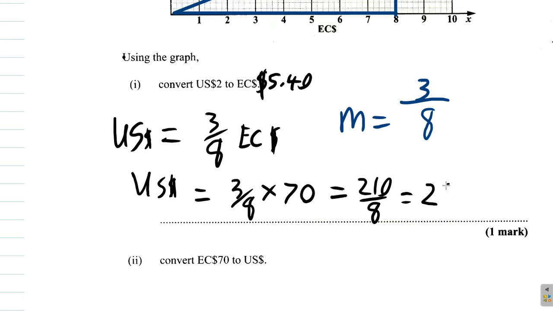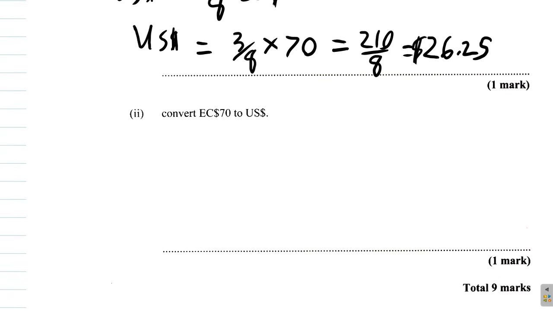So just like how 2 US dollars is $5.40 EC, 70 EC is equivalent to $26.25 US.